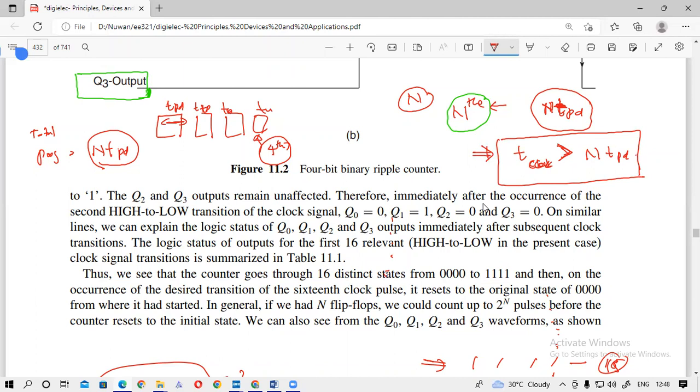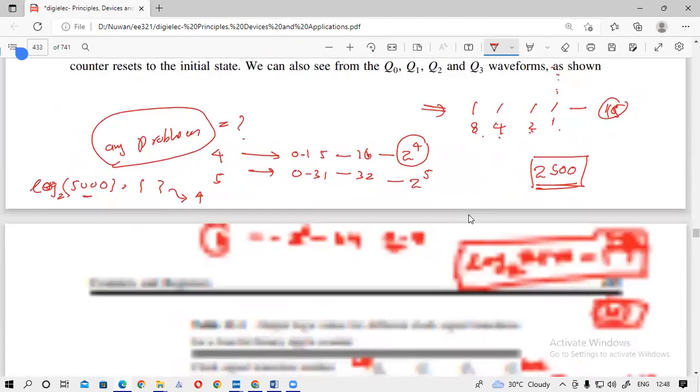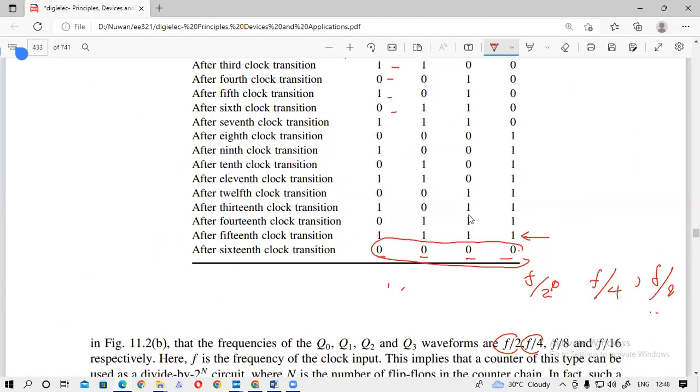For ripple counters, for an n mod ripple counter, the total propagation delay, N times TPD where TPD is one propagation delay, should be less than the clock period.